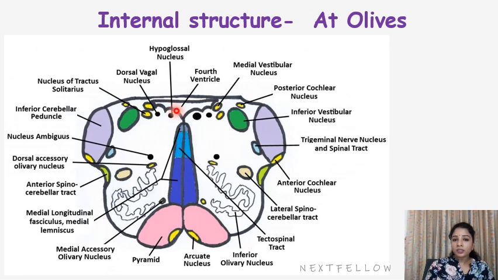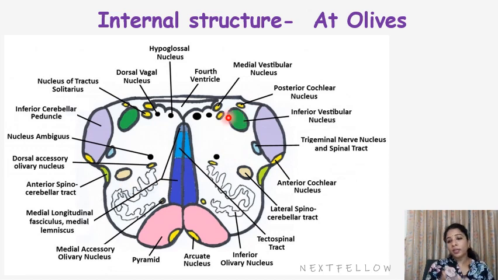Here the hypoglossal triangle contains the hypoglossal nerve nucleus. Then the vagal triangle of the floor of the 4th ventricle contains vagal nerve nuclei like the dorsal nucleus of vagus, the nucleus of tractus solitarius, then the nucleus ambiguus, and the lateral most nuclei will be the vestibular nuclei, medial and lateral vestibular, and cochlear nuclei.